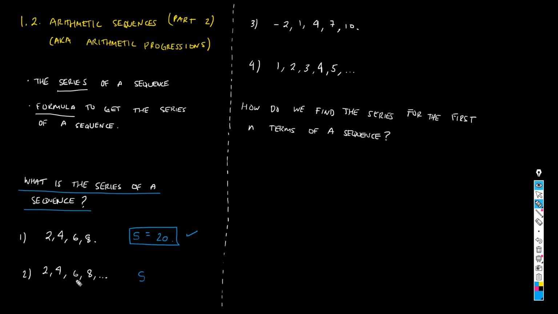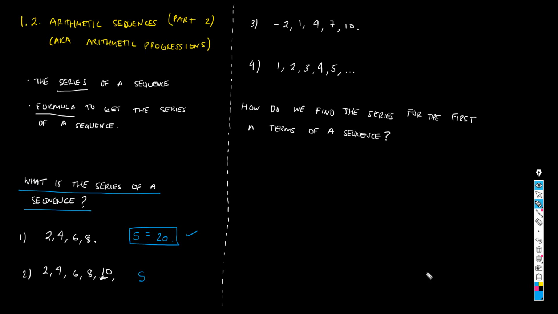It's an infinite number of terms, so just tell me how many terms you want me to add up. For example, she may tell me, okay, add up all the terms up until the 5th term. So what is the 5th term? The fifth term is going to be 10.